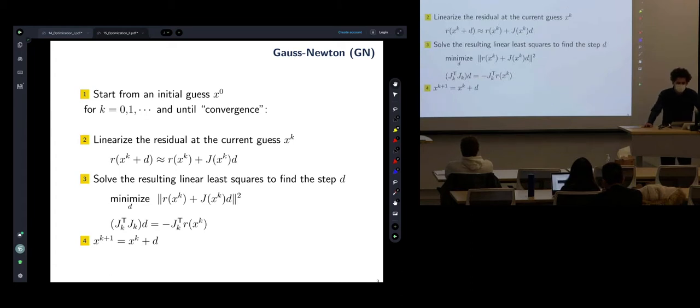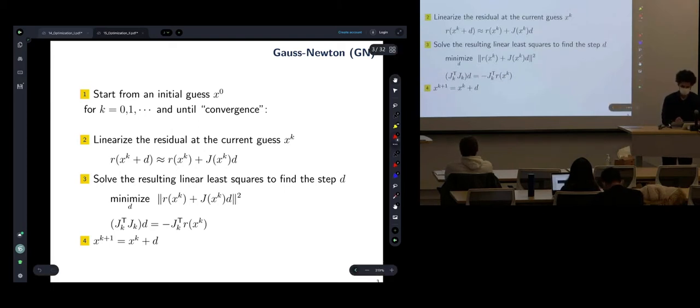You write a loop. You might set a fixed number of iterations because you don't want your solver to go and optimize forever. And the convergence is when, let's say, the norm of the Jacobian transpose times R is 0. That's a good condition. Why?